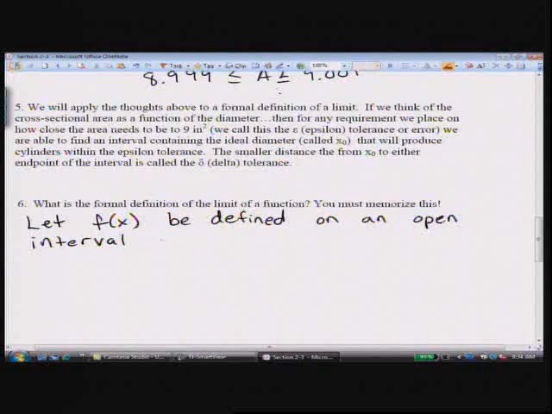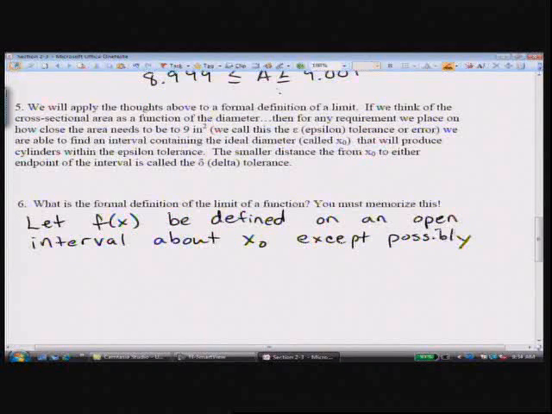So on an open interval about some point, which we're going to call x naught, except possibly at x naught itself. That just means you can have an open circle at the point itself, but on either side you have to be coming into the same value, right?